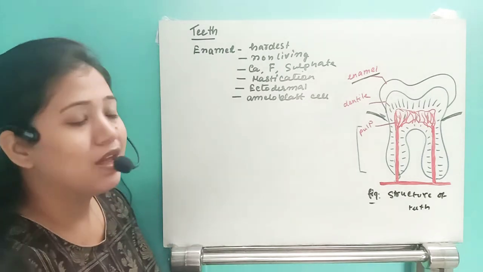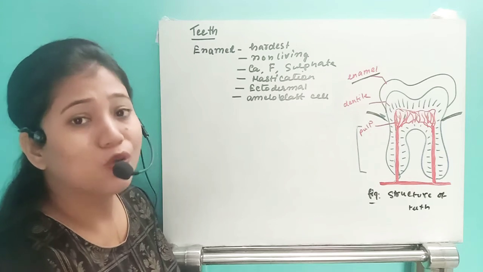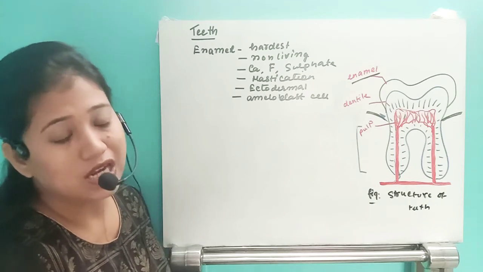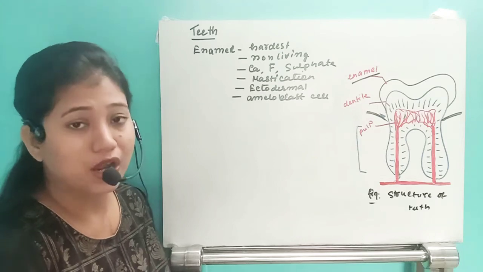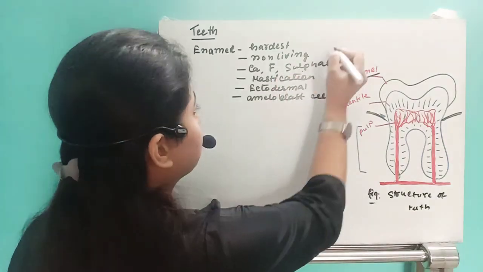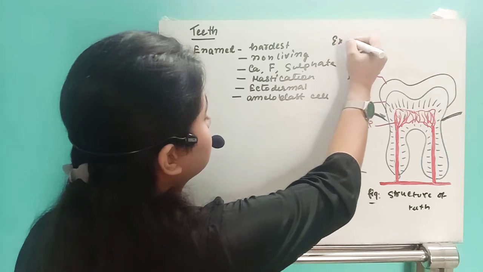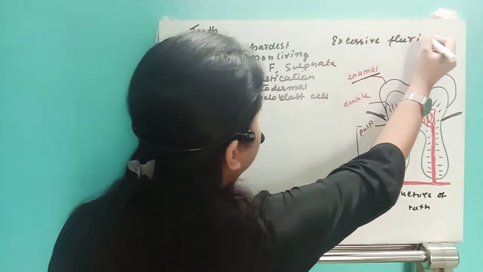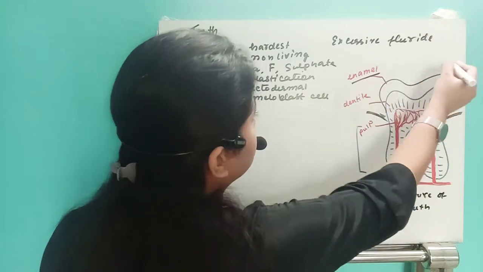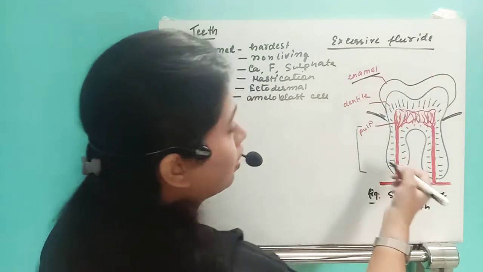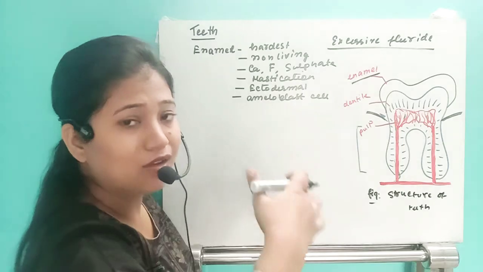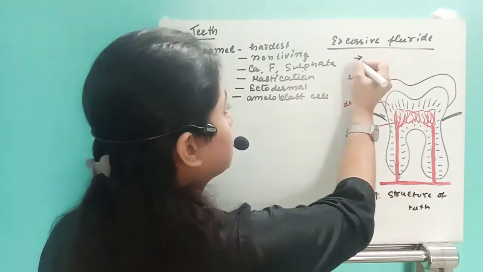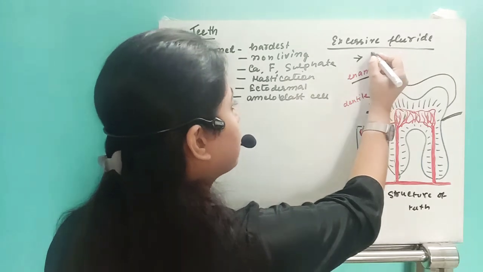And yes, if there is excessive fluoride in the water, it can cause a condition called fluorosis. Remember that excessive fluoride can cause an irregular enamel region.